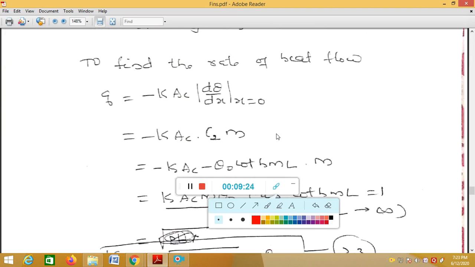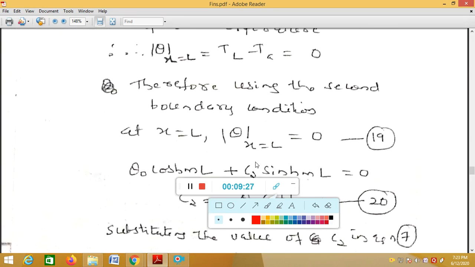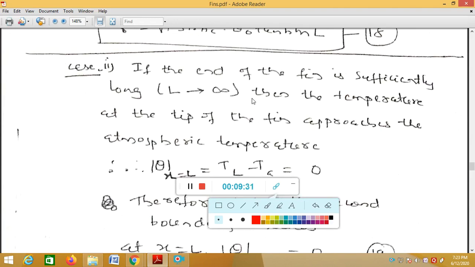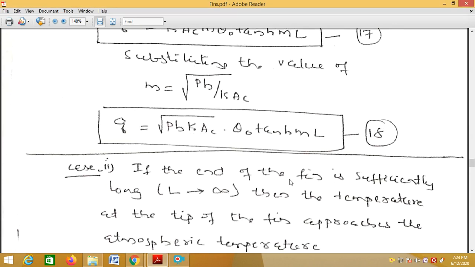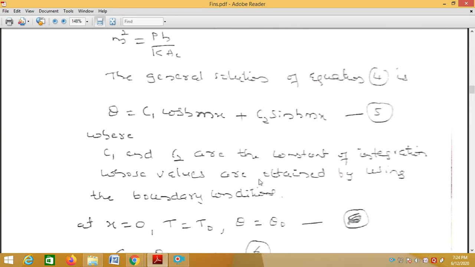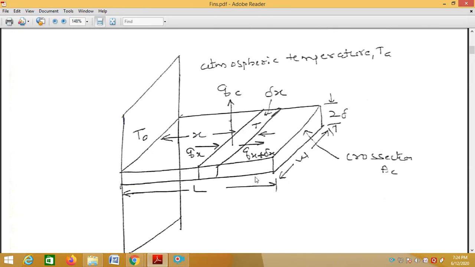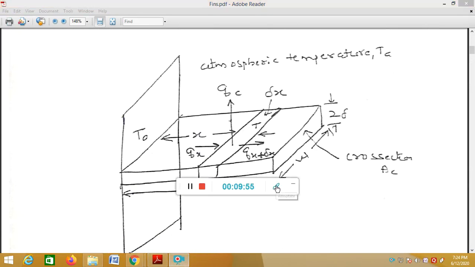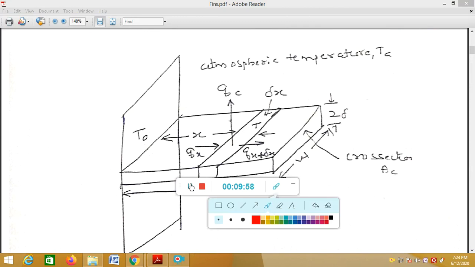Now another assumption here. If the fin is sufficiently long, L tends to infinity, then the temperature at the tip approaches the atmospheric temperature.